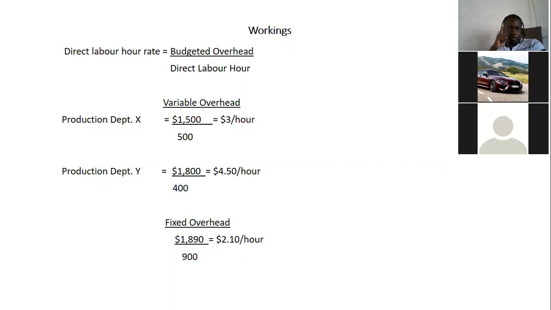Okay? So this is just a projection that they've made. Are you getting it? So we will have to calculate to find the rate per hour. And when that is done, we are getting 3 cedis to be the rate per hour for production department X. Please, did you get it?